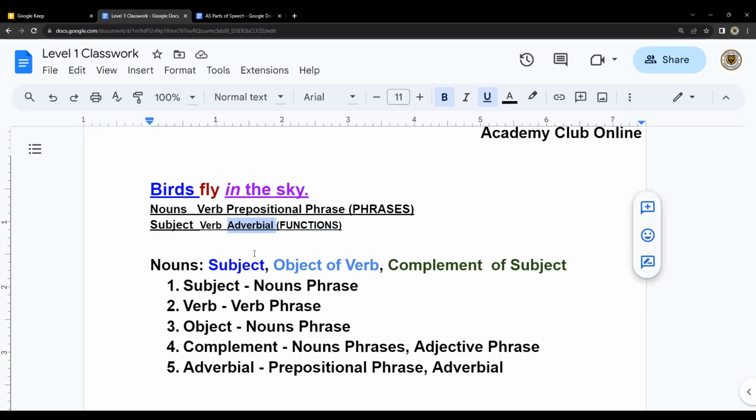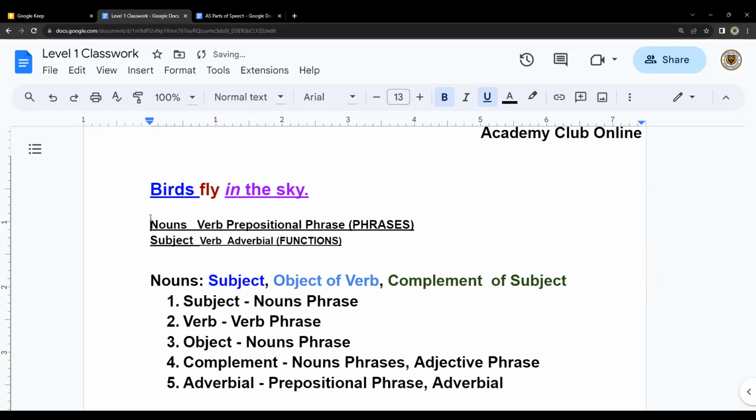Okay. So, podemos ir aún más en detalle. In the sky, nos comentó Claudia, we have a preposition plus noun phrase. Entonces tenemos la preposición in y tenemos the sky, que es un noun phrase.